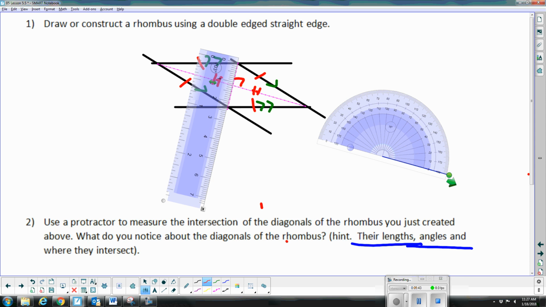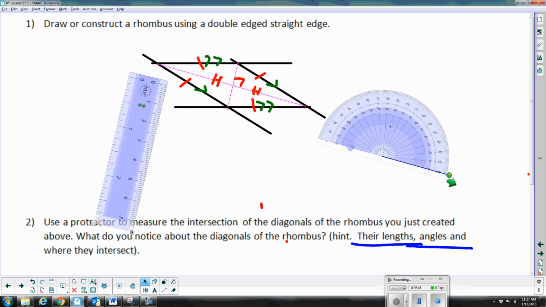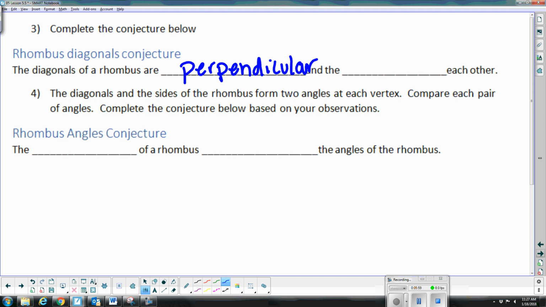So the same is true here. These segments are the same. Now my diagonals are not congruent, but the diagonals bisect each other. So in your conjecture, the diagonals of a rhombus are perpendicular, and they bisect each other.